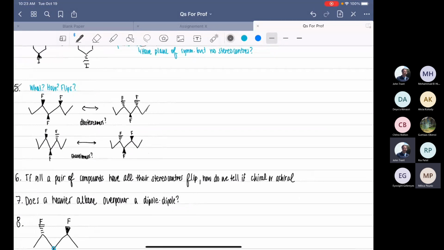All right, next question that I had was: if all pairs of compounds have their stereocenters flipped, so we know that it's not a diastereomer, how do we tell if something is chiral or achiral?